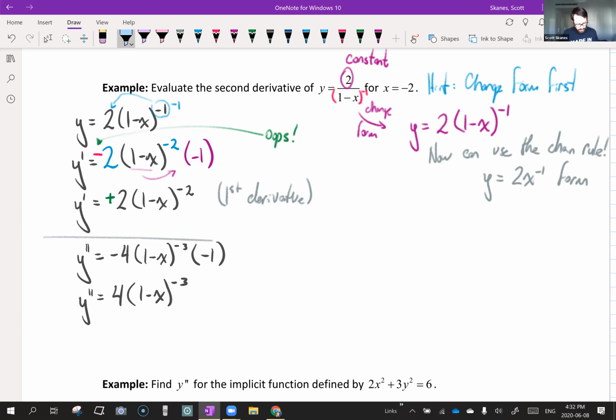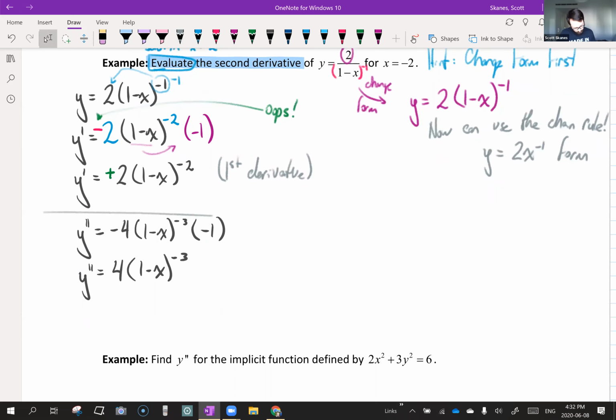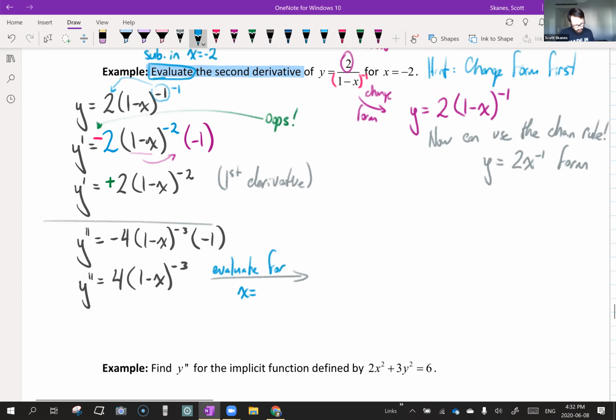It says evaluate the second derivative. Evaluate means substitute in the x value. That's what evaluate means. So we need to take our answer here and substitute x. Evaluate for x equals negative 2.